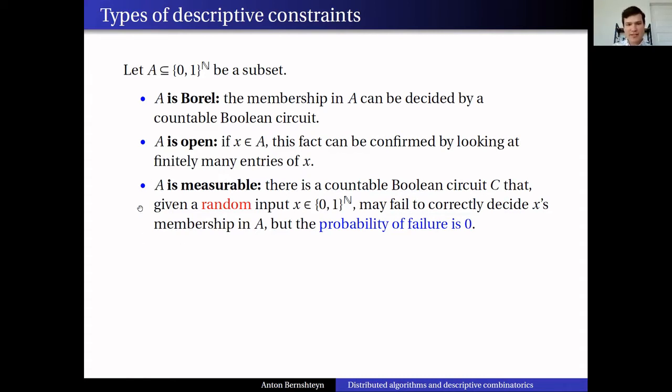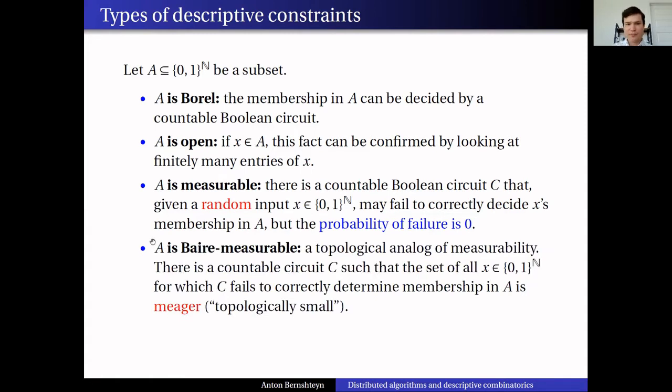Of course, this is a weaker condition than A being a Borel set, because in the Borel case, for every single input, the circuit has to produce the correct output. But for many applications, this is sufficient. Maybe we don't care about what happens on the set of measure 0, what happens with probability 0. And so then it's enough for a set to be measurable. So we can make our life easier in this way.